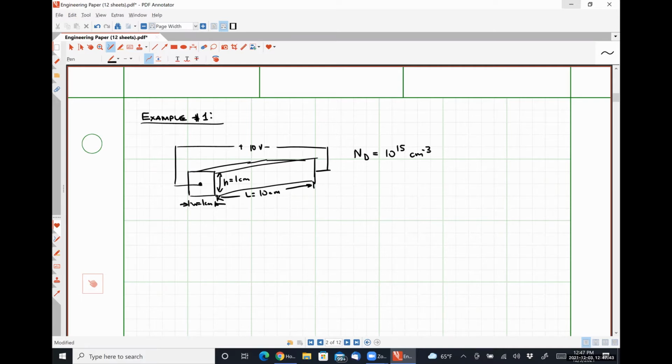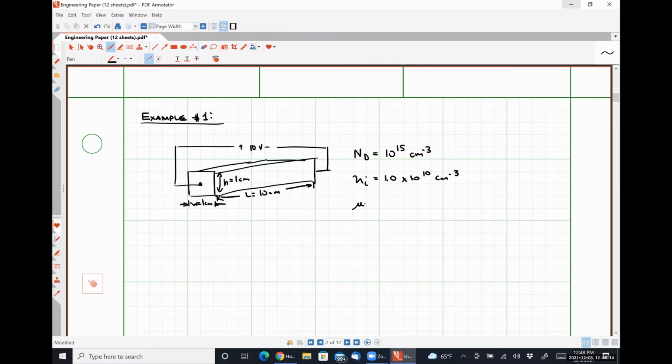And let's say, for the sake of argument, that our intrinsic carrier concentration, Ni, is 1.0 times 10 to the 10 centimeters to the minus 3.